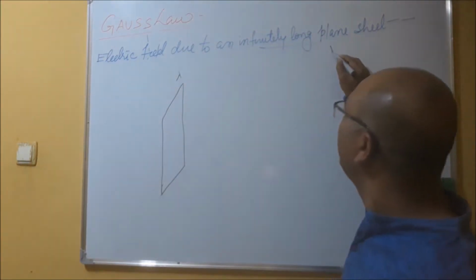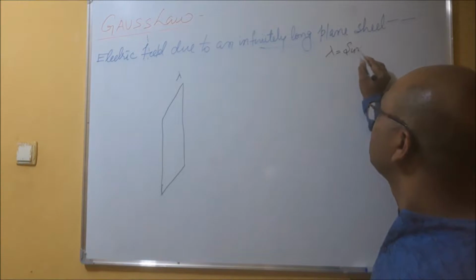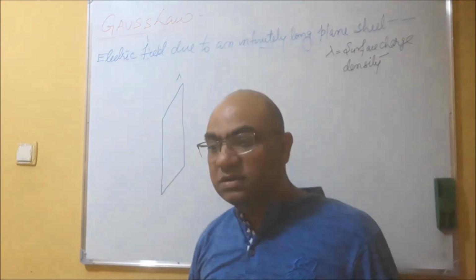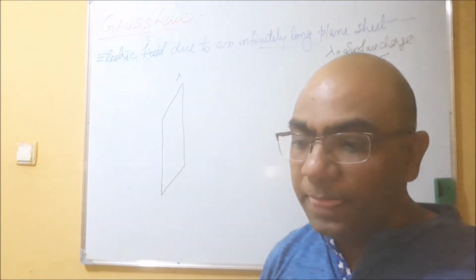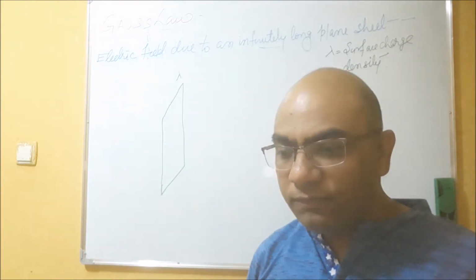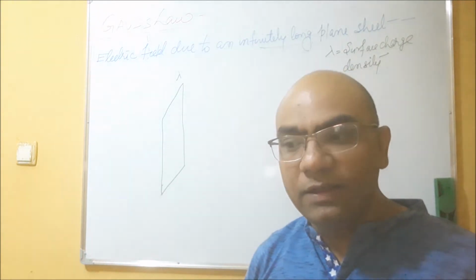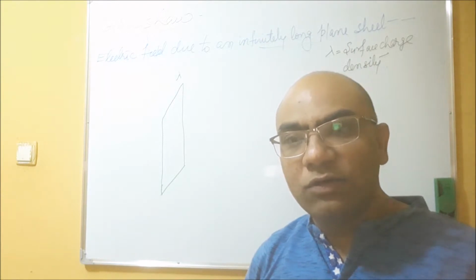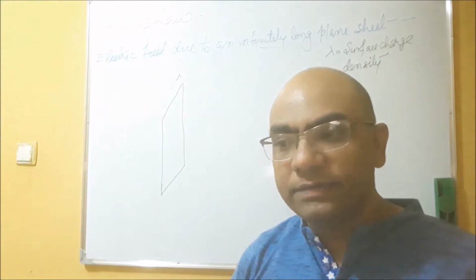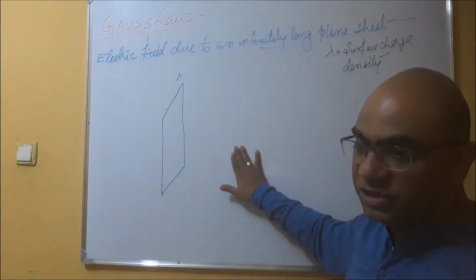So what will be the lambda? Lambda will be surface charge density, right? Surface charge density. So the same question is: find the value of electric field for this plane sheet.